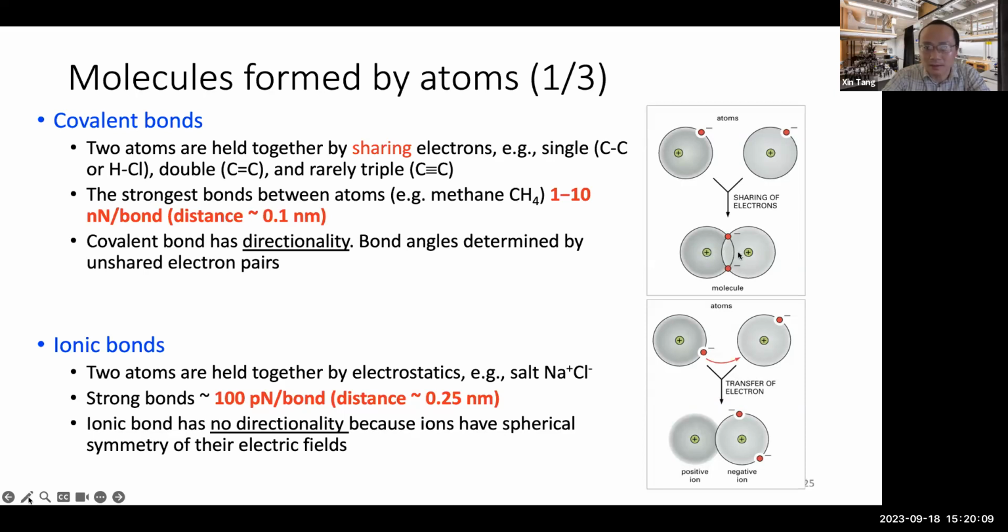If there are multiple electrons here, then you can form multiple bonds, such as the double bond that mostly exists between carbon atoms, and then rarely a triple bond. So those single, double, and triple bonds are formed by sharing electrons, by collaboration between different atoms.